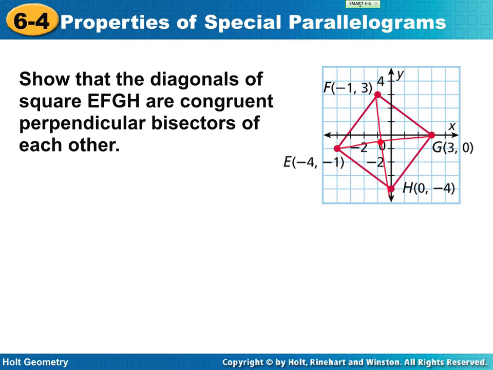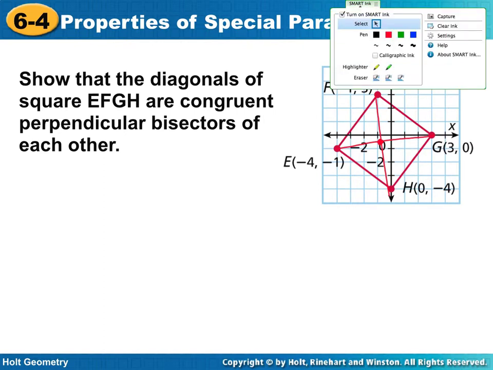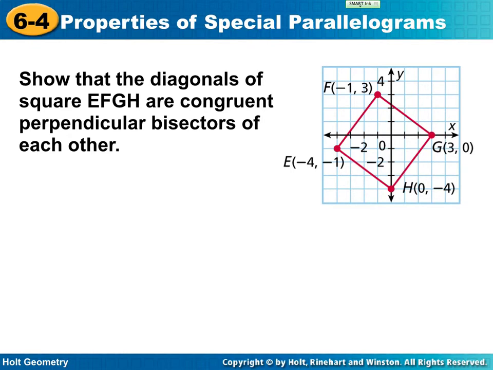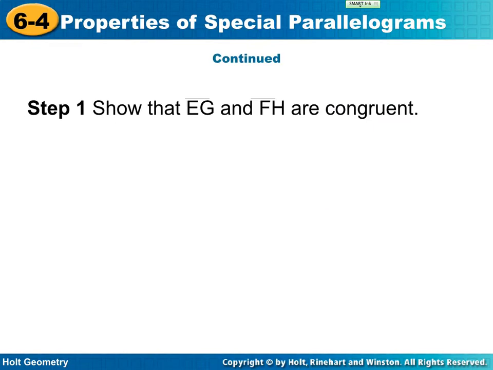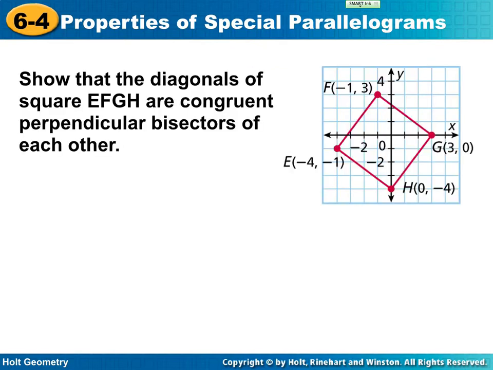Okay, so what I need you to write down are not necessarily all the calculations, but what we're doing. Step one. Show that EG and FH are congruent. How did I get those segments? Are we doing the sides of the square? Diagonals. So I probably need to flip back to the picture.